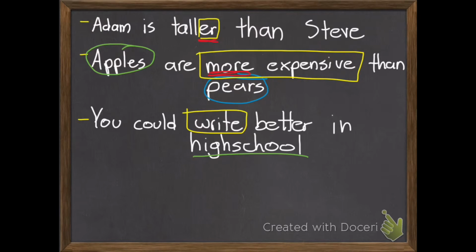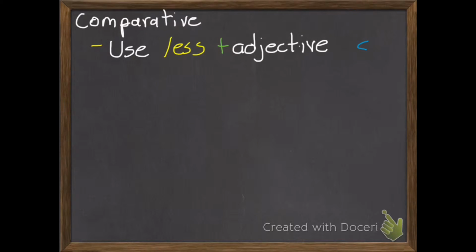Okay, now let's look at some more comparative rules or words. We use the comparative word less, and an adjective after it, when we're saying that something is not as much as another thing. It depends on the adjective, really, what we're talking about.